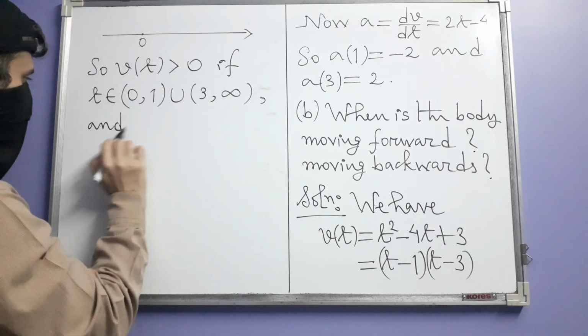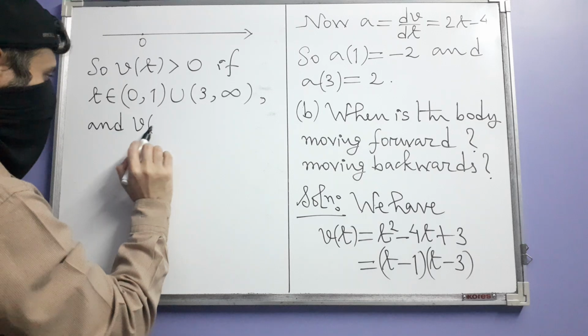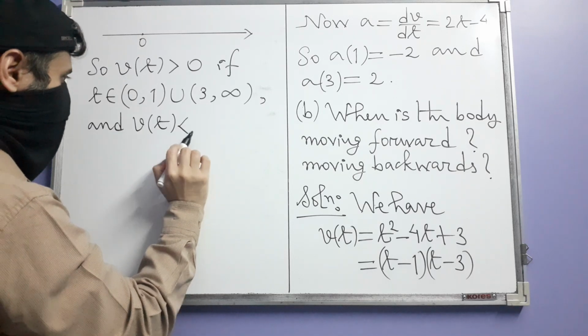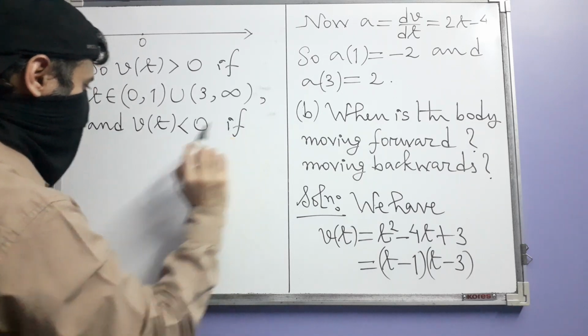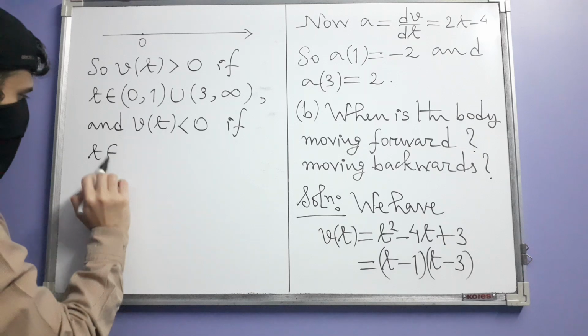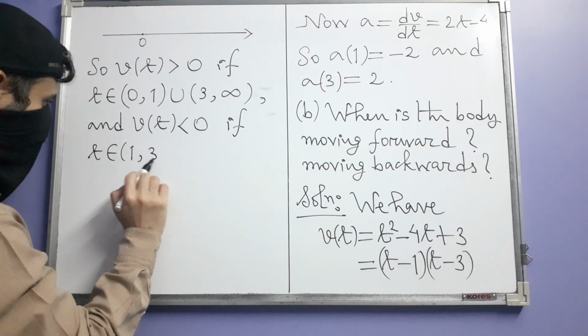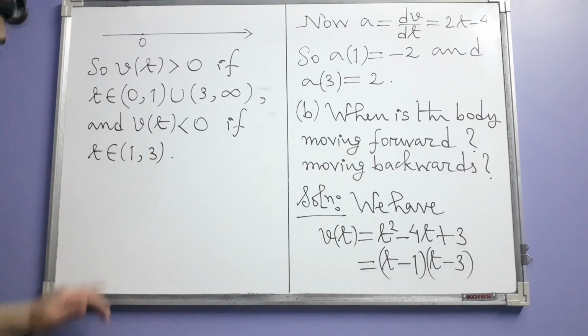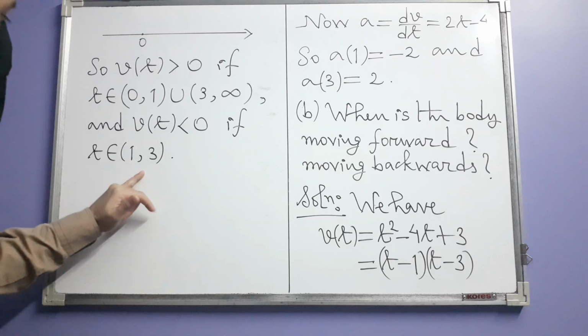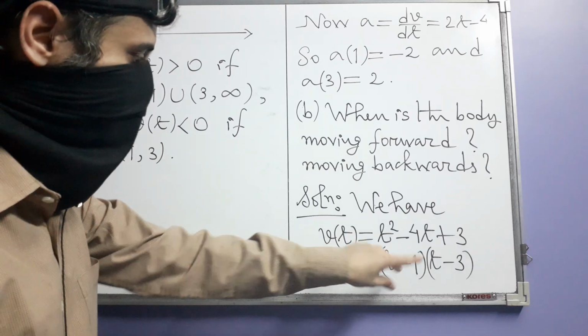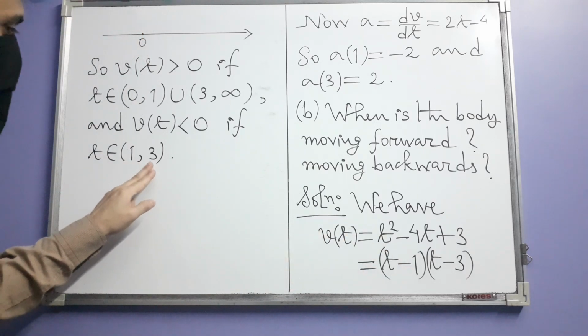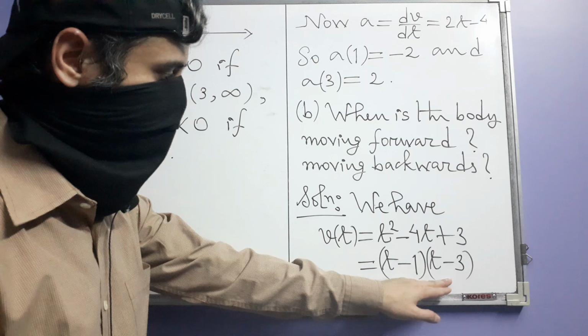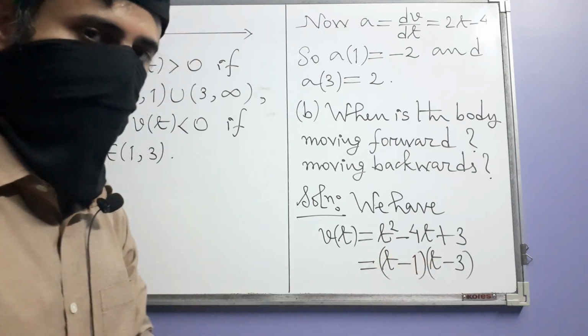And this is less than 0 if t lies between 1 and 3. In this case, t is greater than 1. So t minus 1 is positive, but t is less than 3, so t minus 3 is negative. Positive times negative is negative.